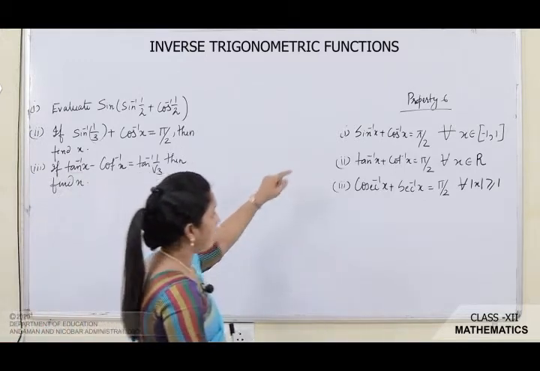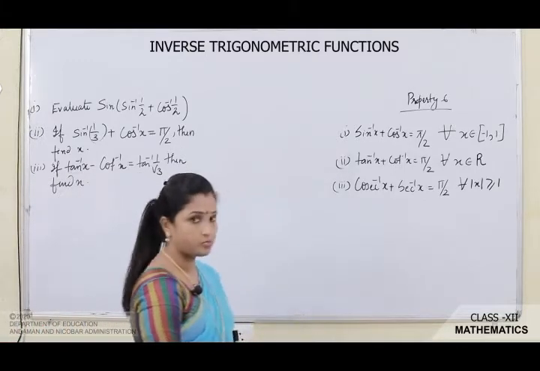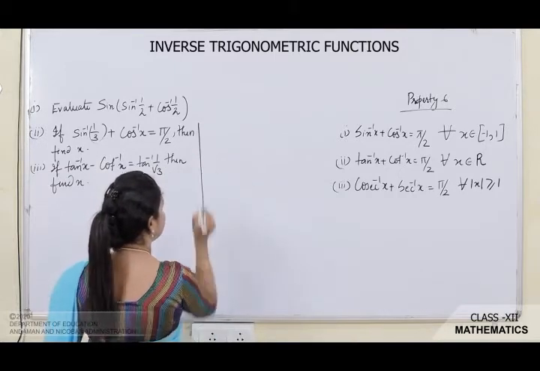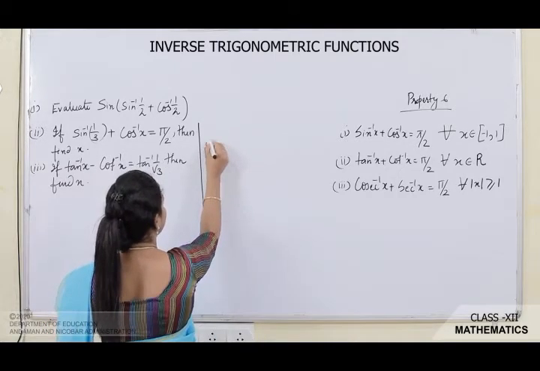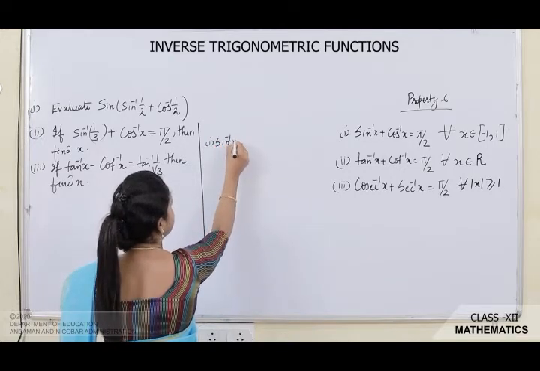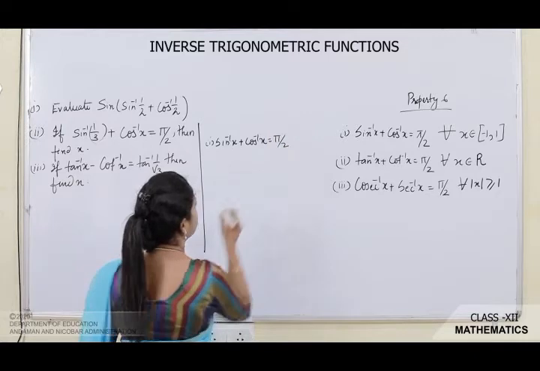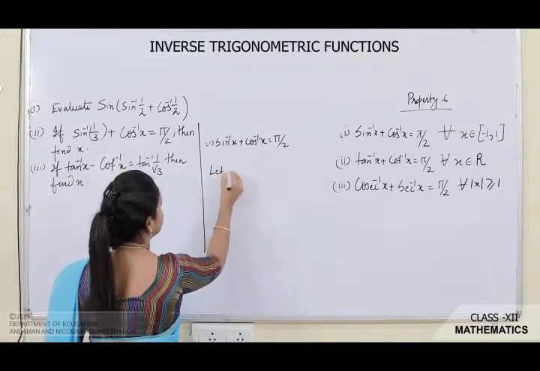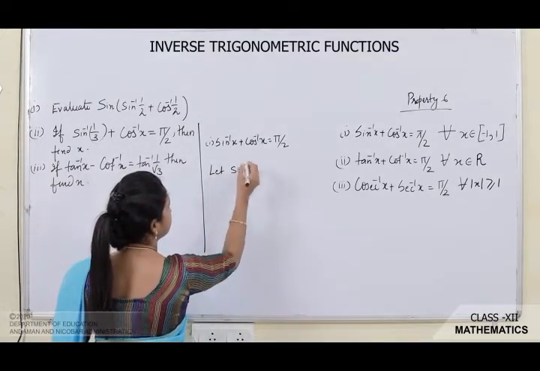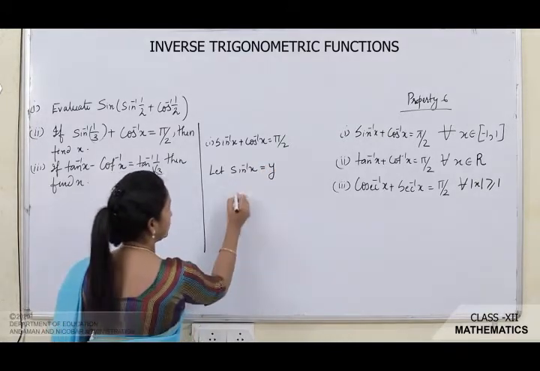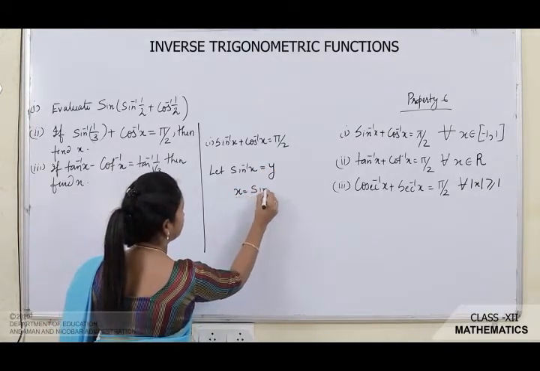Before that I want to prove the first property. Okay, let's see how to solve the first property. First one is sin inverse x plus cos inverse x is equal to pi by 2. Now let sin inverse x is equal to y. Okay, so x will be what?